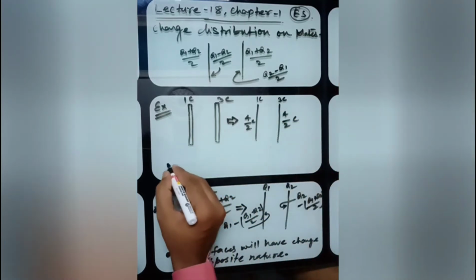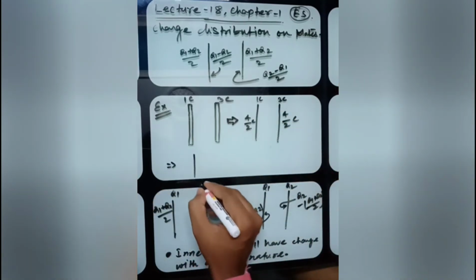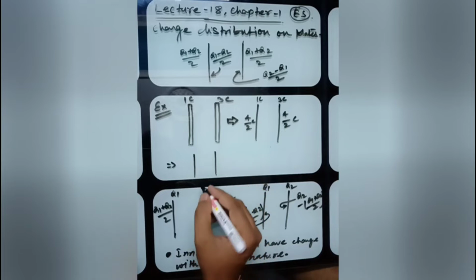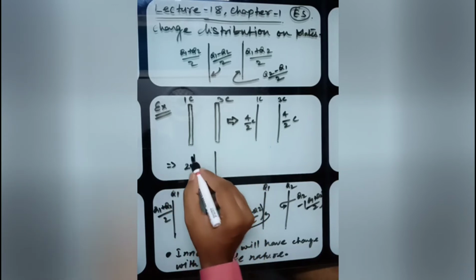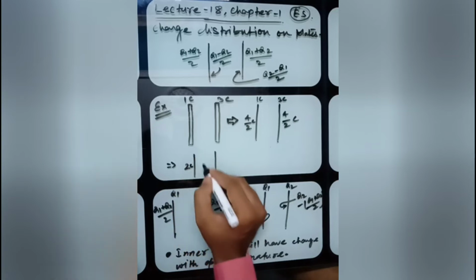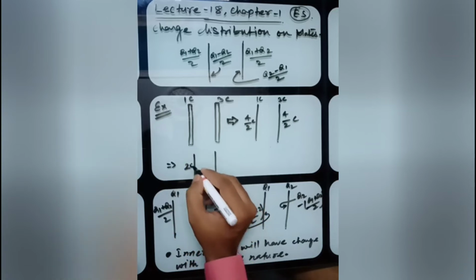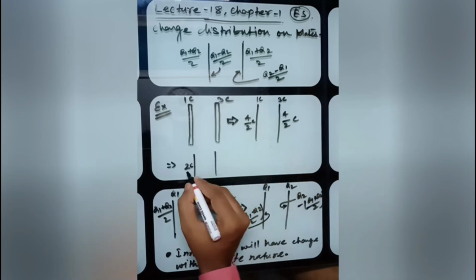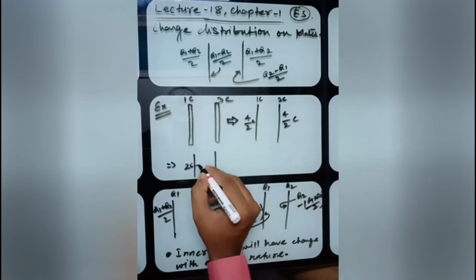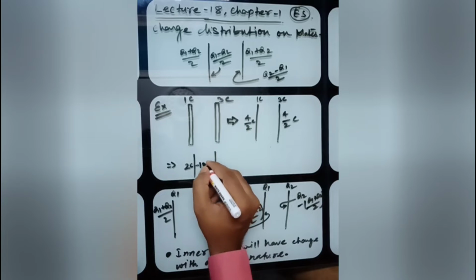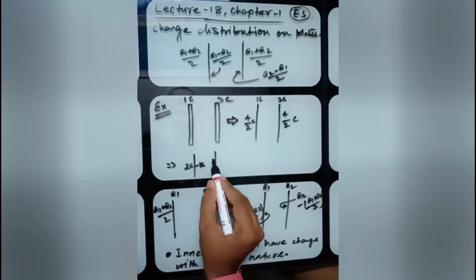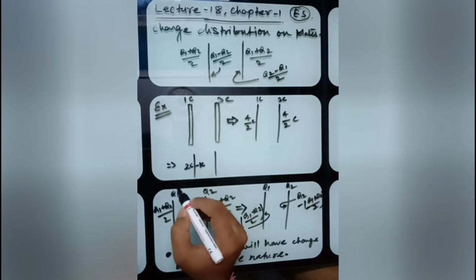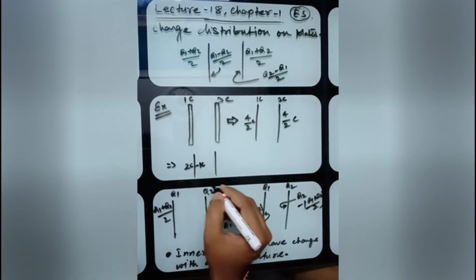Now the next step, here 4 by 2, it means 2 coulomb, but the charge on this plate was 1 coulomb. If it is 2 coulomb, it means we have to subtract, minus 1 coulomb. As we have studied, both the inner faces should have opposite nature and equal amount.